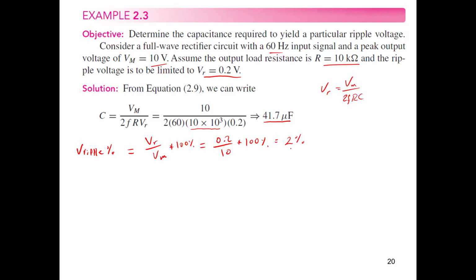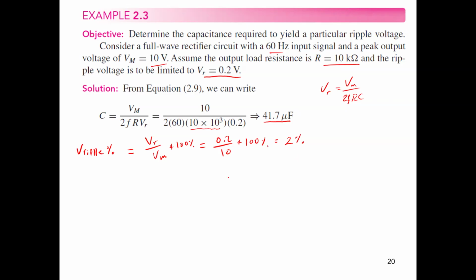To be honest with you guys, we do prefer to mention the ripple in percent, not in magnitude. So if I say the ripple voltage is 2%, this means the quality is relatively good. If I say voltage ripple is 5%, it's still acceptable. But if I say the voltage ripple is 0.1%, this may cost us a lot of money.